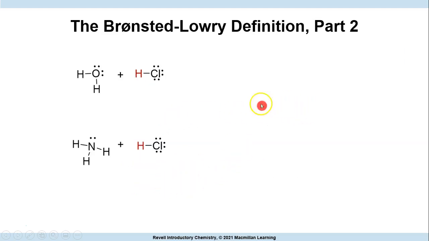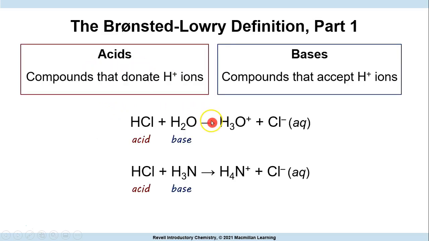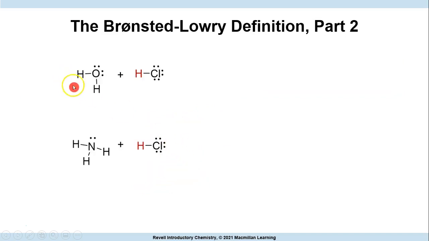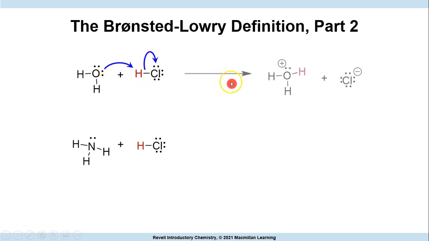Now, let's look in detail at what we've just seen here: the reaction of hydrochloric acid and water, and of ammonia and hydrochloric acid. For water and hydrochloric acid, the oxygen is going to attract the proton, and that gives us the hydronium ion and the chloride ion.